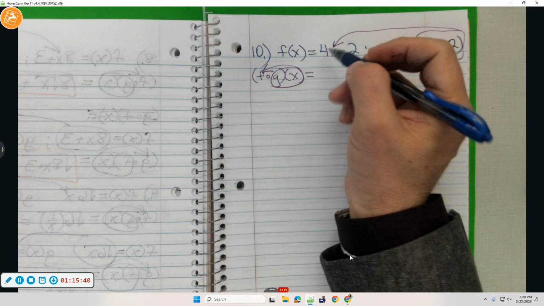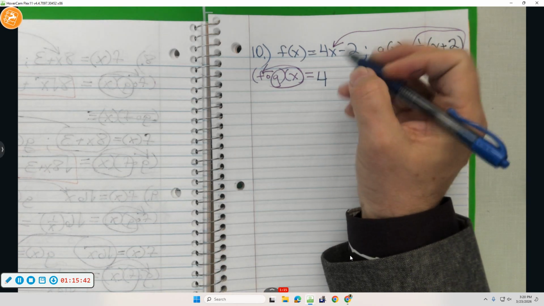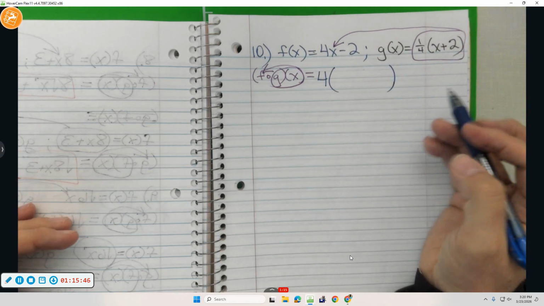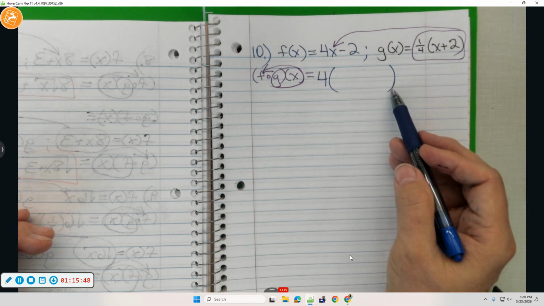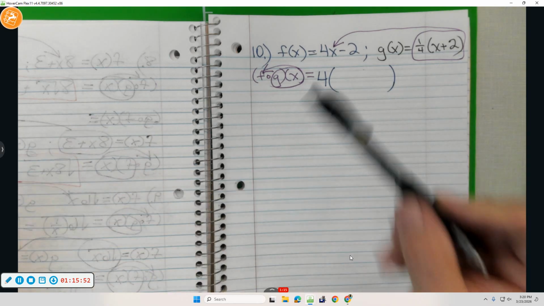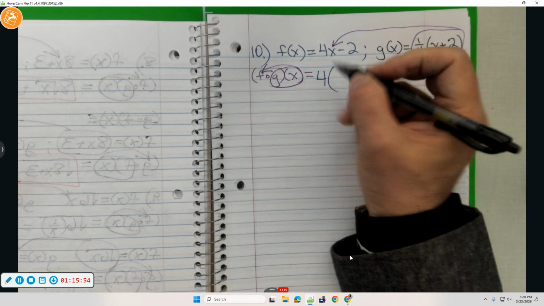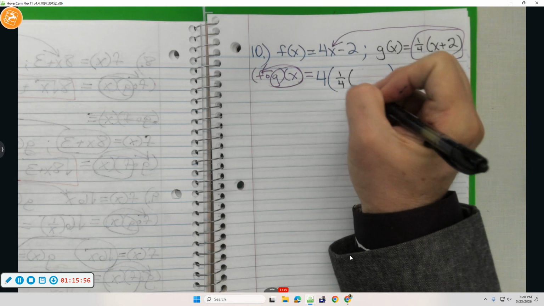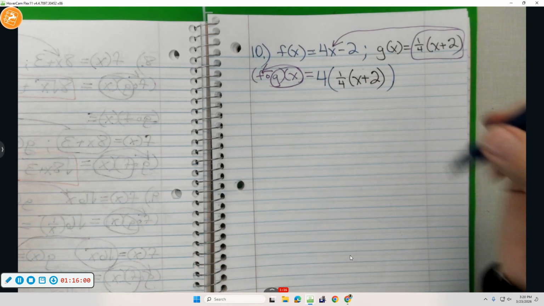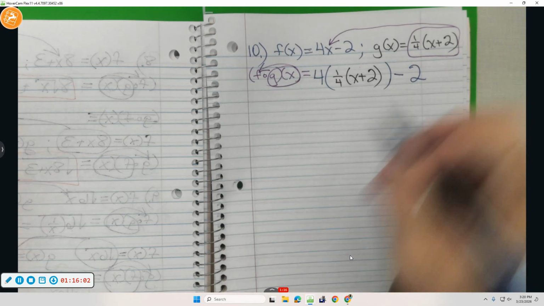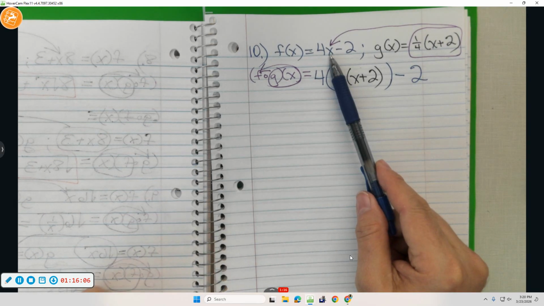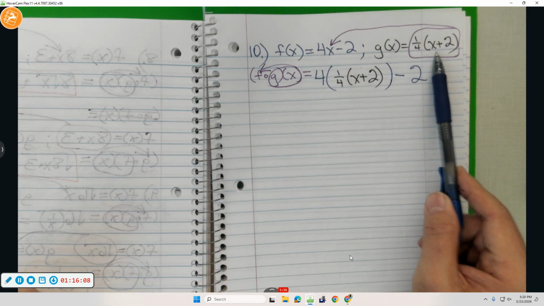So we have 4 times, and I'm making these parentheses extra big because we have parentheses there already. We're going to replace that x with 1/4 times x plus 2. Don't panic, this works out very nicely. We've replaced that x in f with g of x.